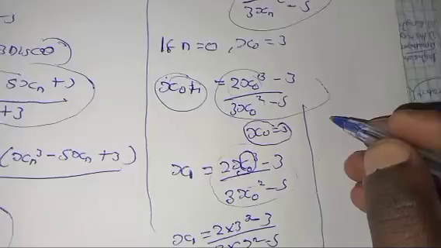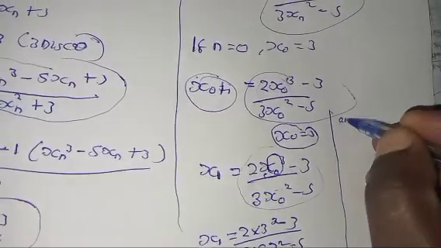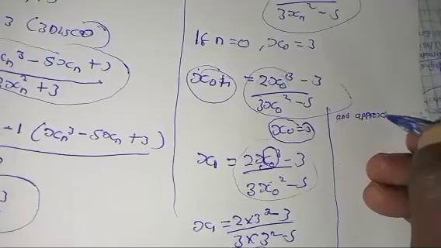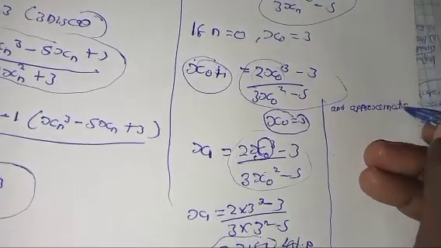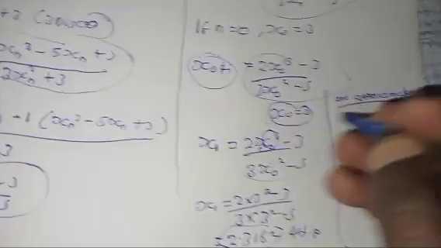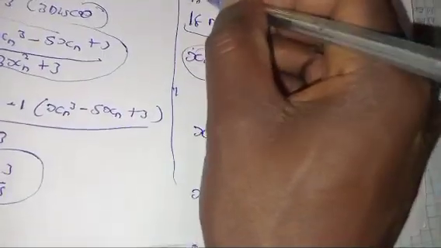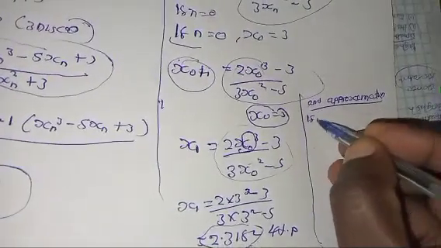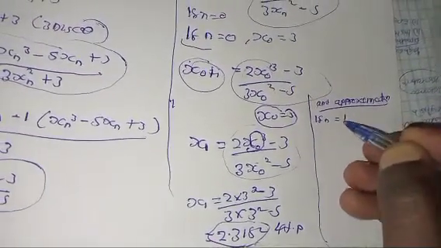So the second approximation, you come here. This is if n is equals to 0. What if n is equals to 1?